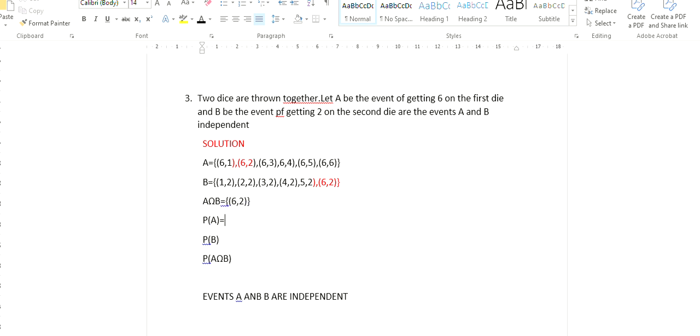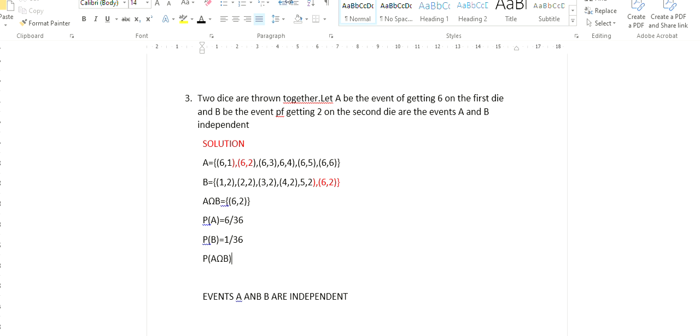Then what is the probability of A? That means the occurrence: 6 possibilities out of 36. Then what is the probability of B? B is 2 occurring on the second die, so the probability of B is 1 divided by 6. What is the probability of A intersection B? Already we have written it, right?